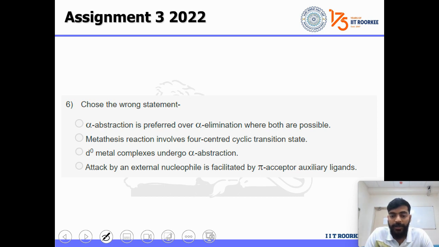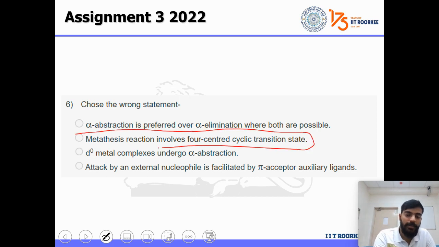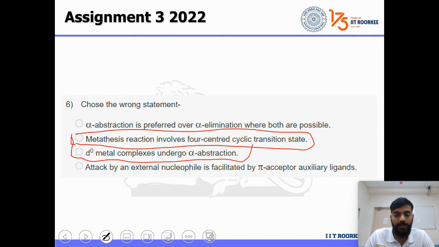Metathesis reaction involves a four-center cyclic transition state. We have already seen this, right? B is correct, that I know. But they have asked for the wrong statement, so you need to read the question carefully. D0 metal complexes undergo alpha abstraction. No, they will never. Ah, they will. Alpha abstraction will happen. Alpha elimination will not happen with D0.